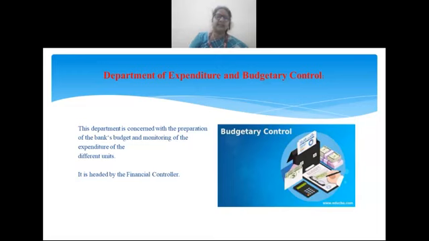This department is concerned with the preparation of the bank's budget and monitoring of the expenditure of the different units. So what is the requirement of cash, the expense for the next year? They will budget it and the amount will be allocated for that. It is headed by the financial controller.